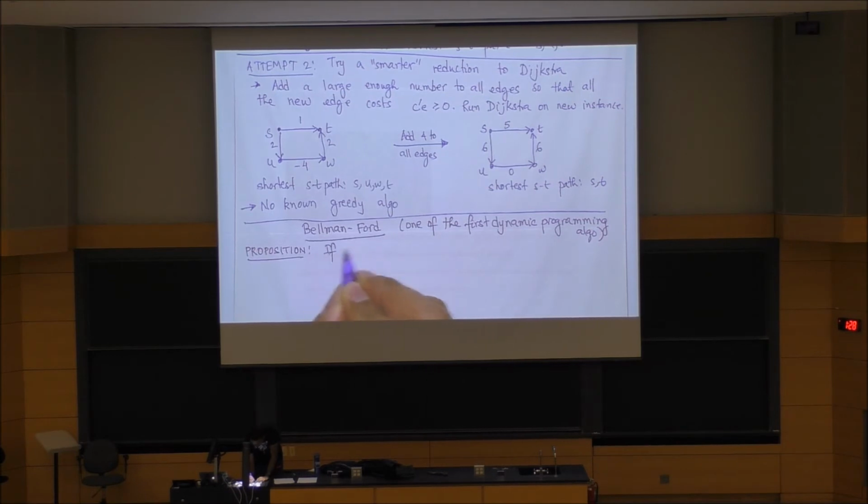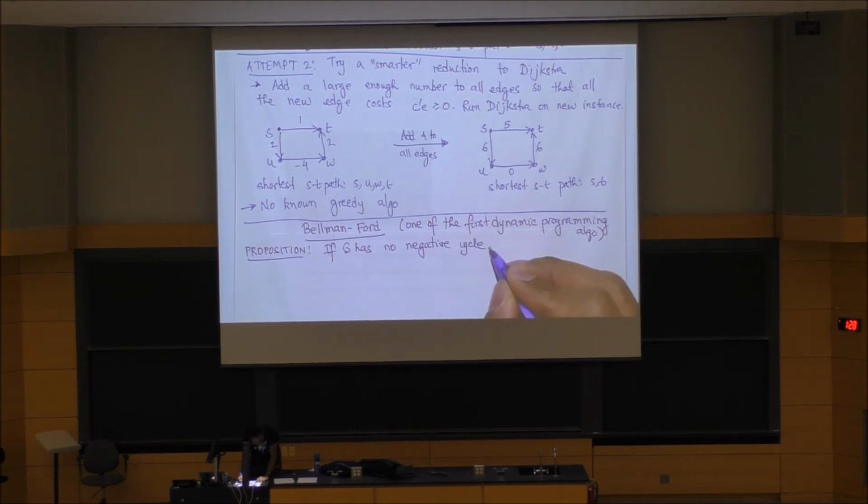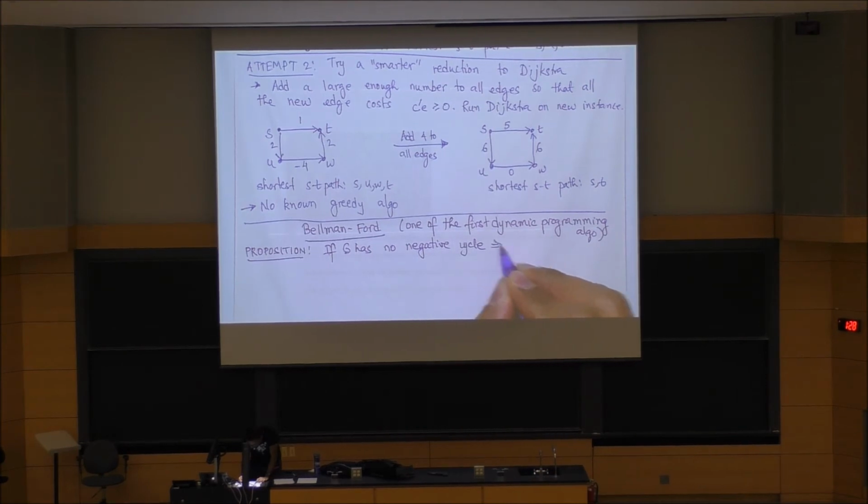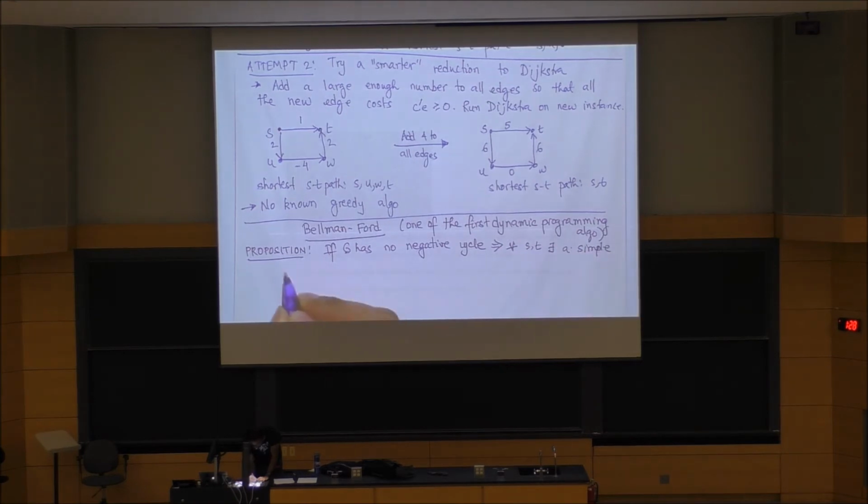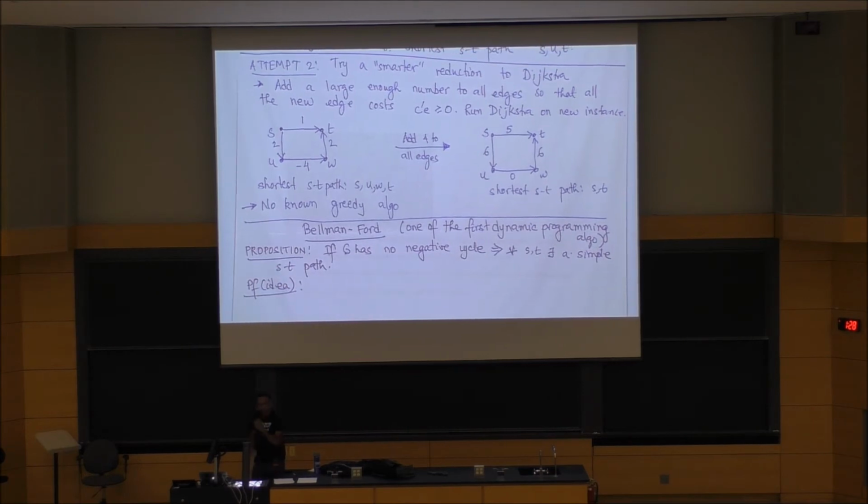So if G has no negative cycle, then that implies for all vertices S and T, there exists a simple ST path. As I said, the proof idea is basically a simple proof by contradiction.